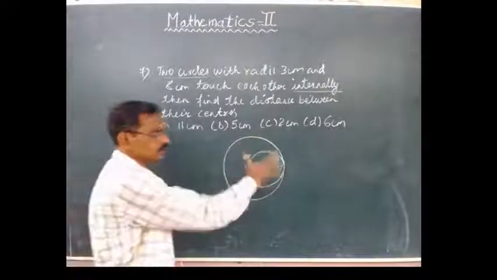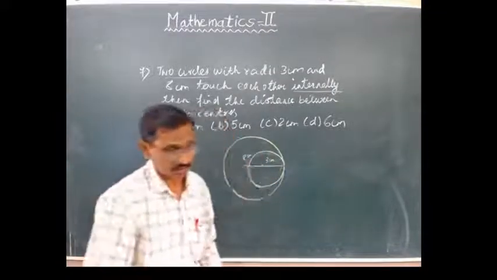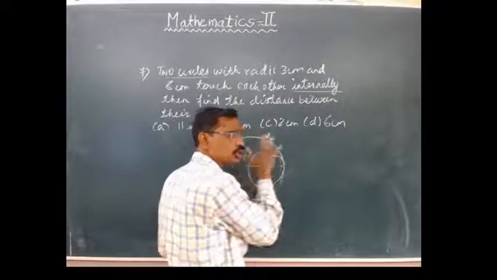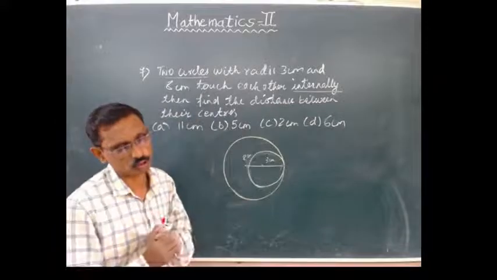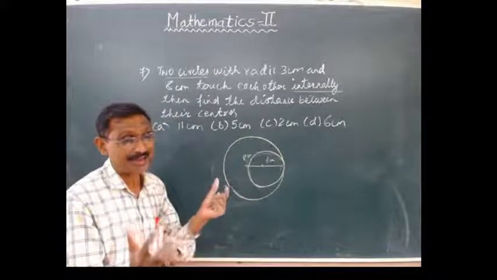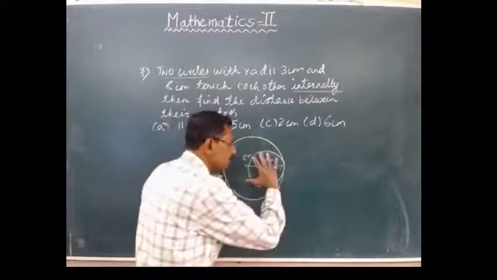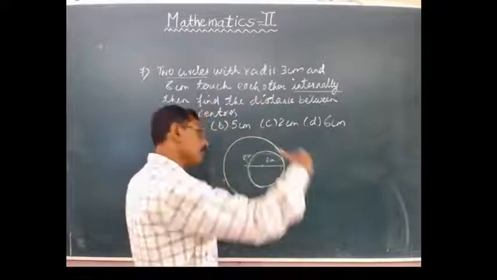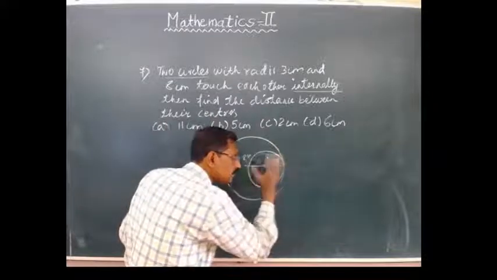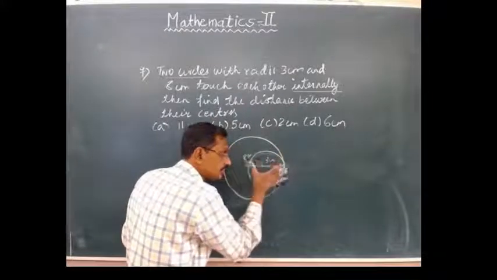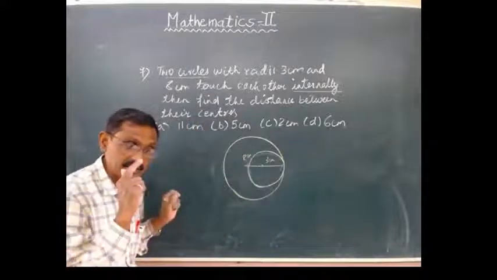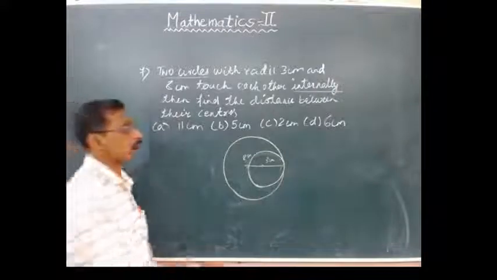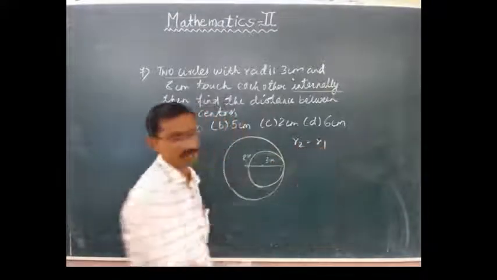Now to find the distance between them, in the external case we were adding those two radii together. But if it is internal, it comes inside. When this circle was added, the distance increased. But when the same circle came inside, the distance decreased. In such cases, we are going to find R2 minus R1.